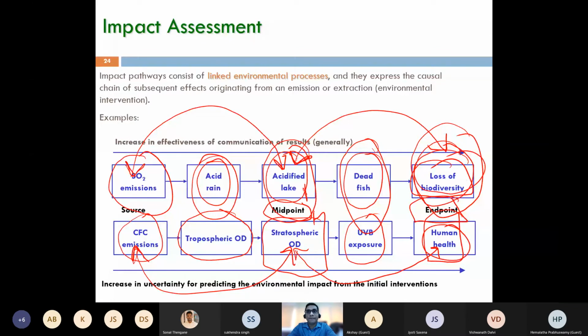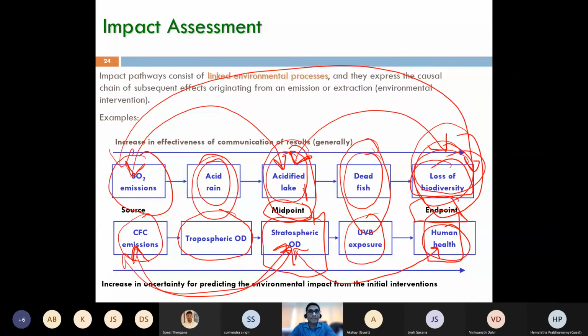So when I talk about endpoint, it makes sense to the common man, but the relationship between the source and the endpoint is less quantifiable. When I talk about the midpoint, it doesn't make much sense to the common man, but the relationship between the source and the midpoint is much more quantifiable. So when I talk about climate change, it's a midpoint indicator, kgs of CO2 equivalent.